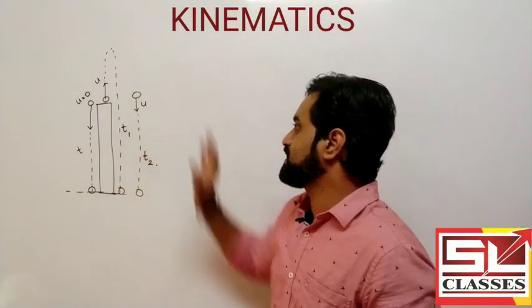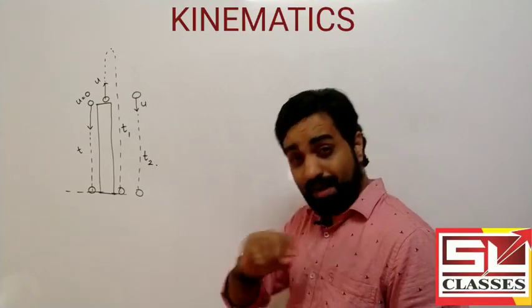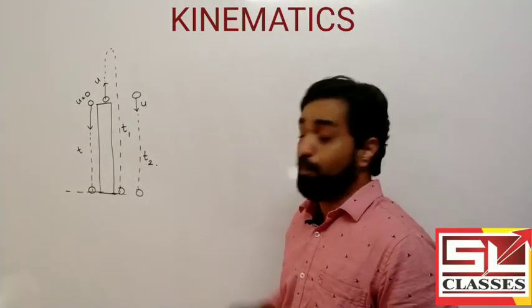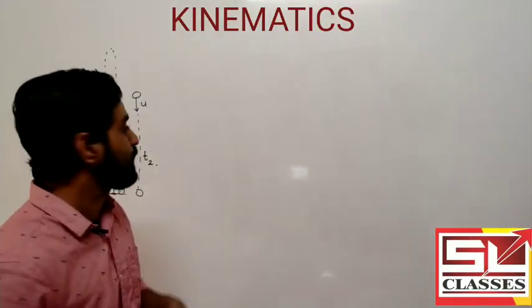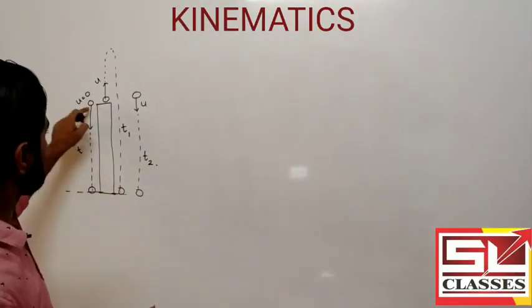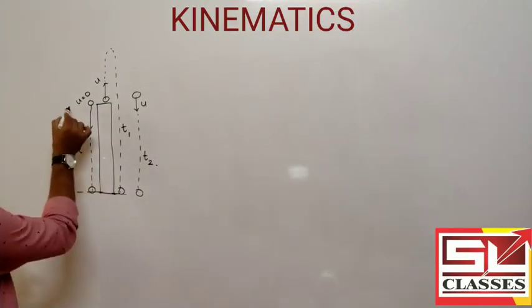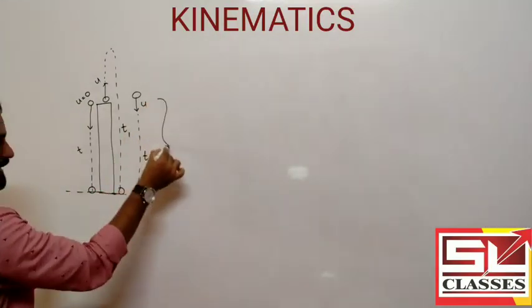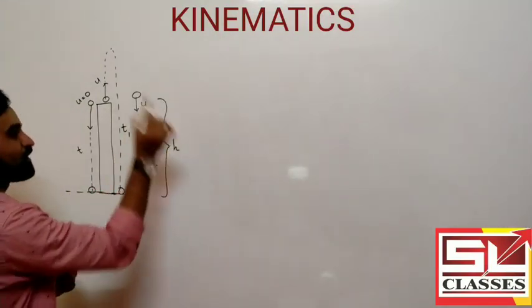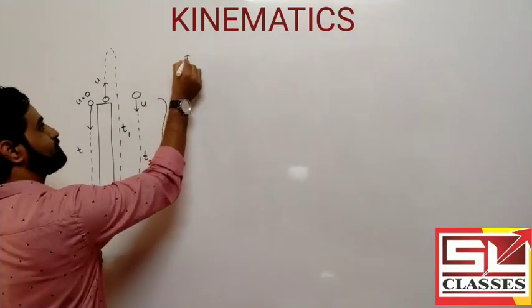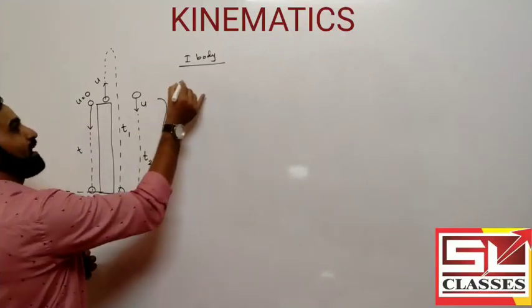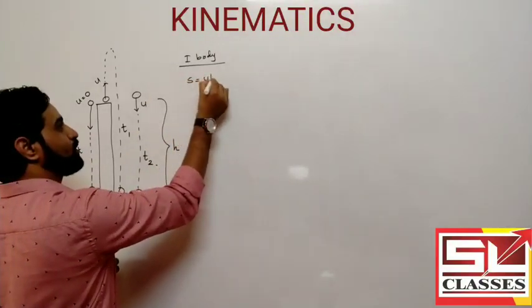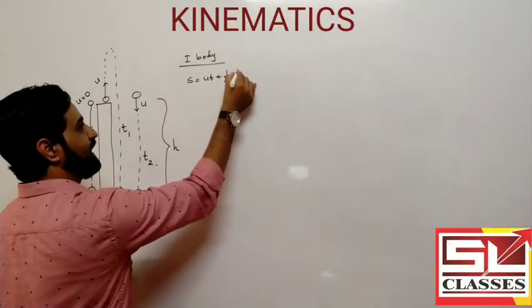So to solve this problem, we have to write some equations by considering these 3 bodies in different situations. For the first body, this body is dropped, maybe this height is taken as h. For the first body, we can write s equal to ut plus half at square.